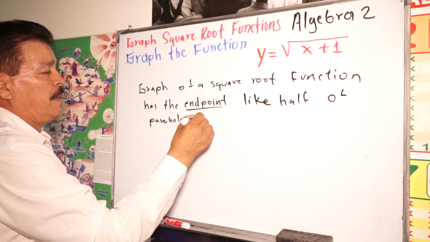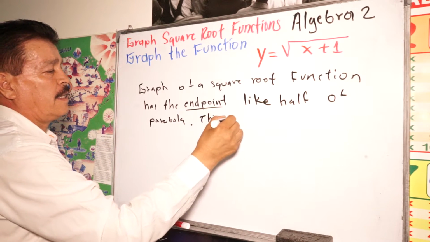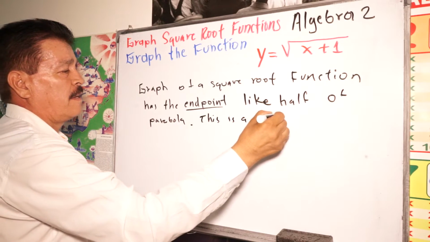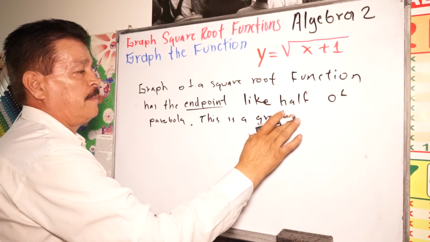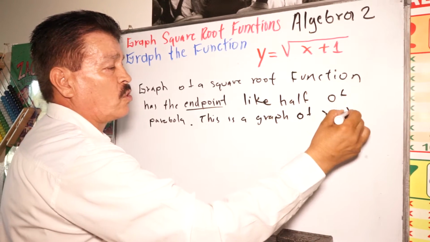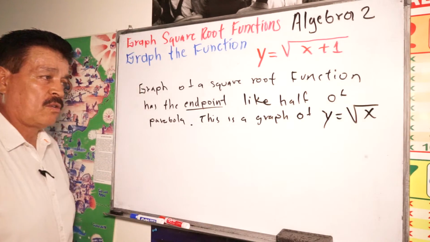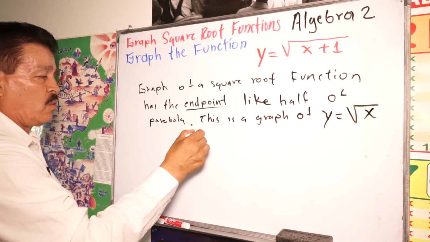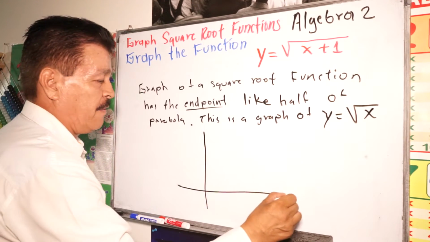This is a graph of y equals square root x. So something like this. So you draw the graph.